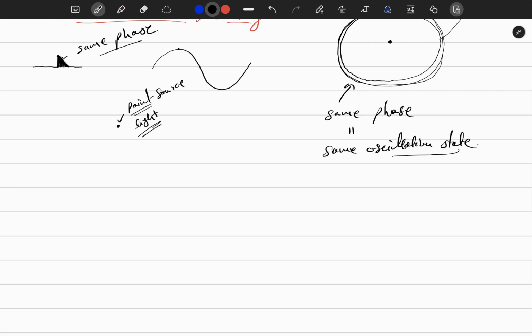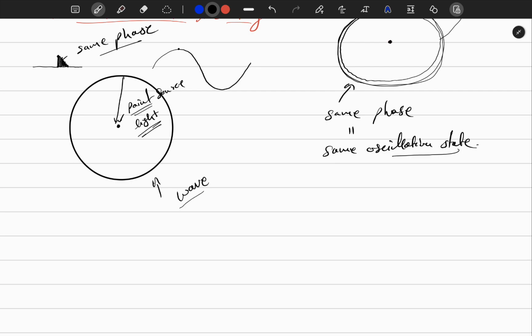All the points on the sphere which is concentric, which has the source as its center, will be in the same phase. This is called the wave surface.